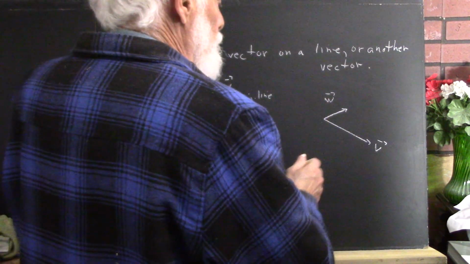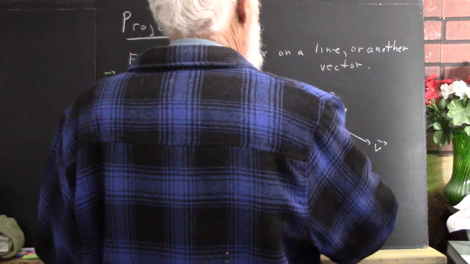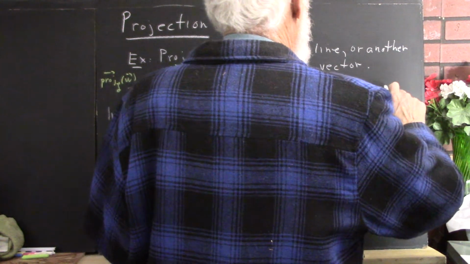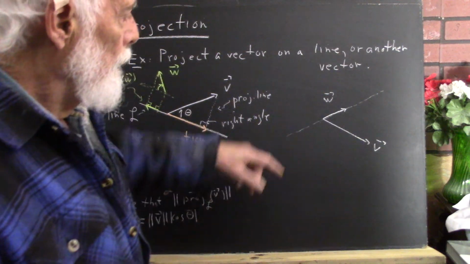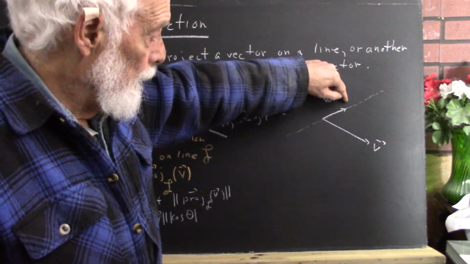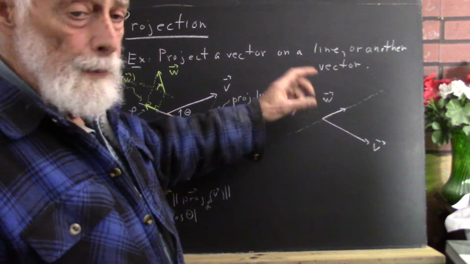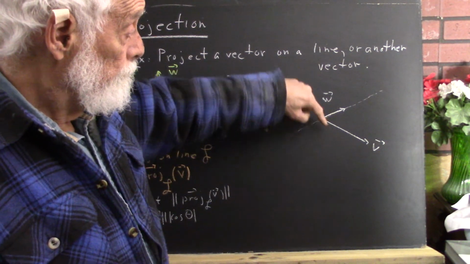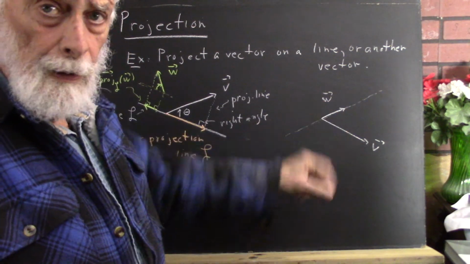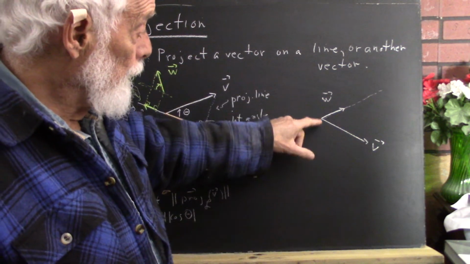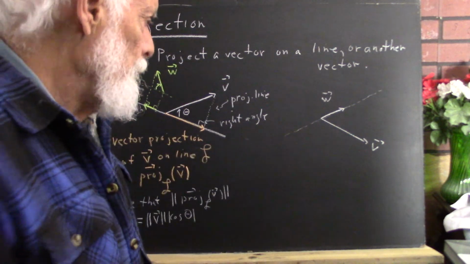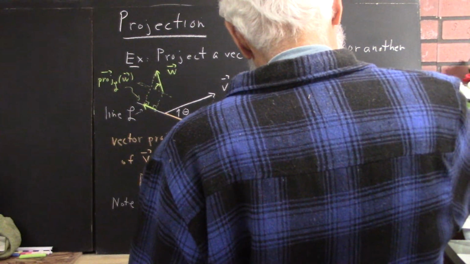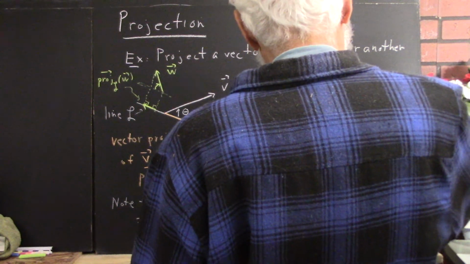To project v onto w, I first think of the line extending as far as we need it through w. Now I've got v and w sitting here with the same initial point. Remember, a vector can move any place. So we move the vectors v and w together like this in order to do this projection. Excuse me for blocking everything.